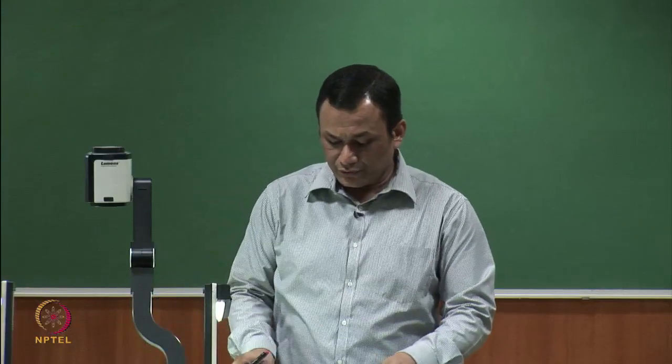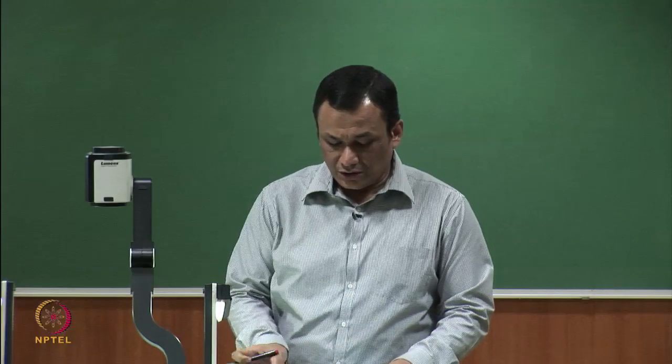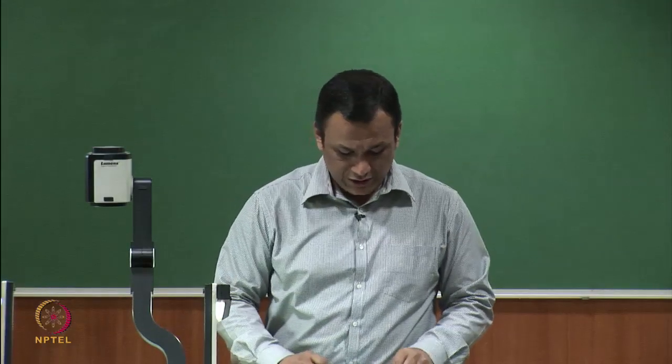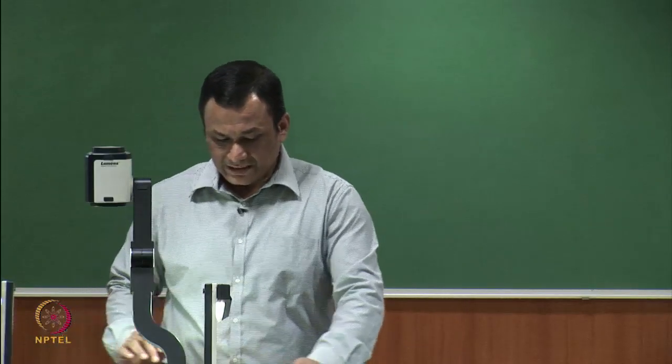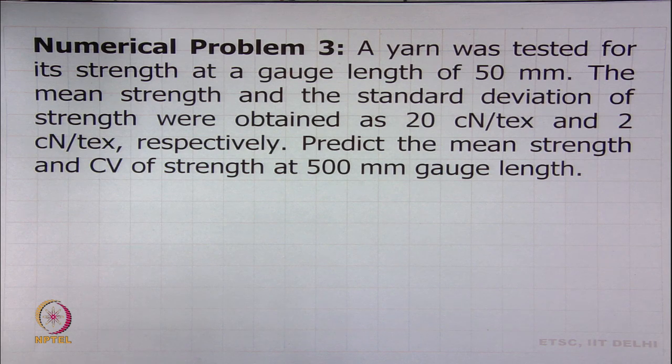Now, we come to the third problem or the last problem of this module. Numerical problem 3 reads as follows: a yarn was tested for its strength at a gauge length of 50 millimeter.